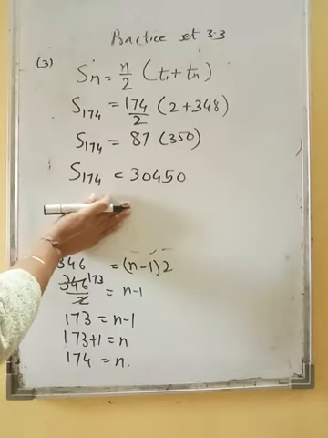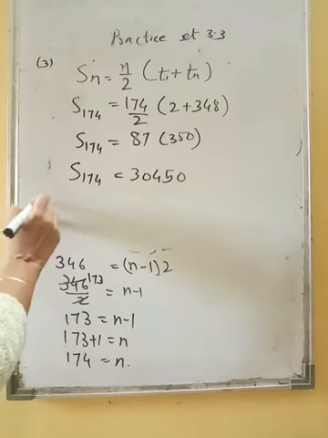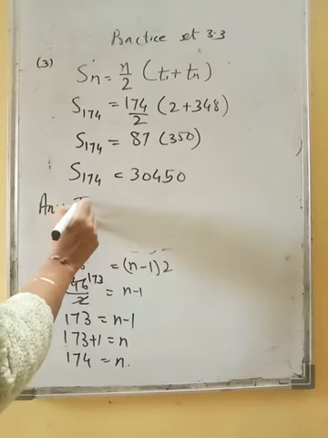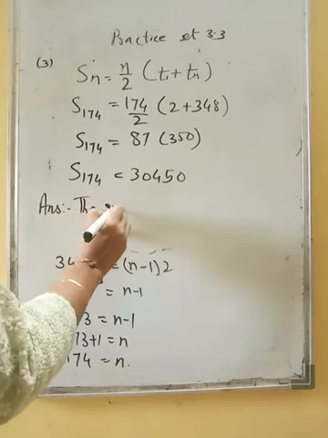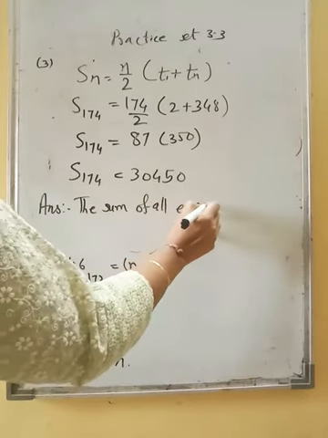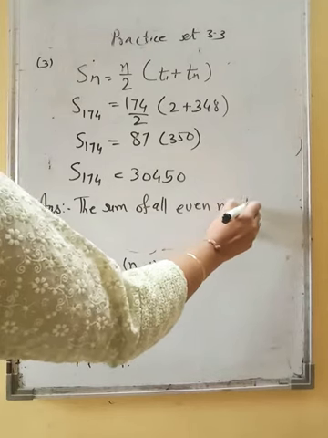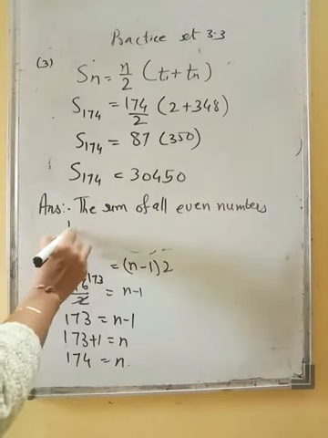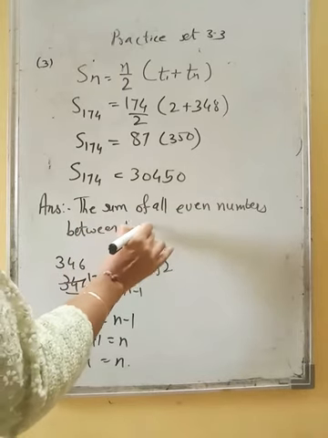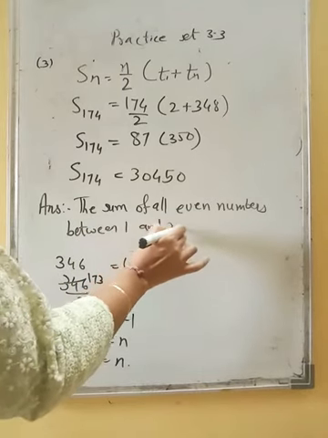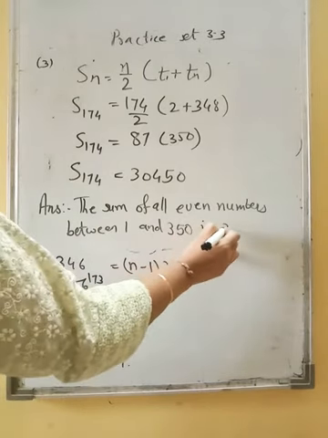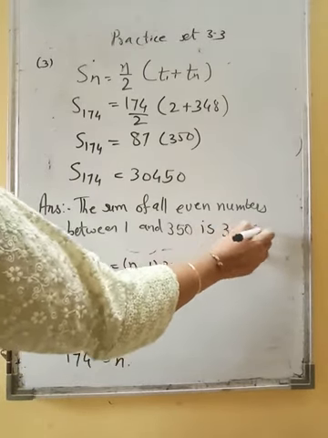As the sum is a word problem, I have to write the answer also in words. So the sum of all even numbers between 1 and 350 is 30450.